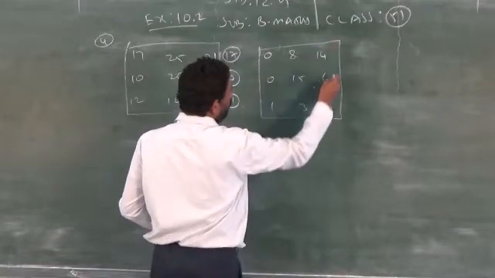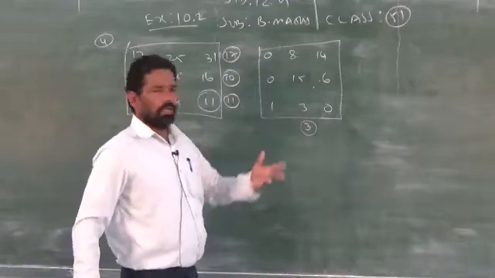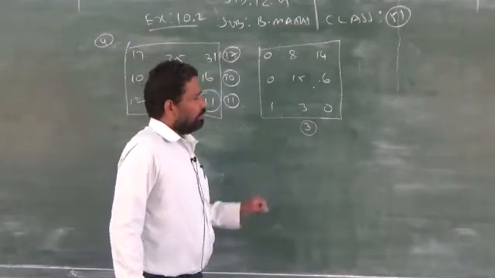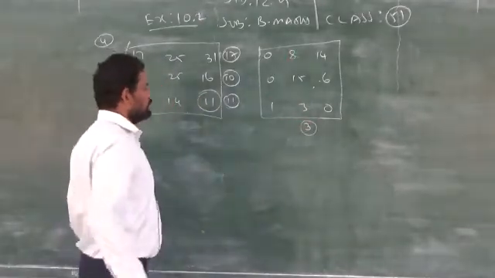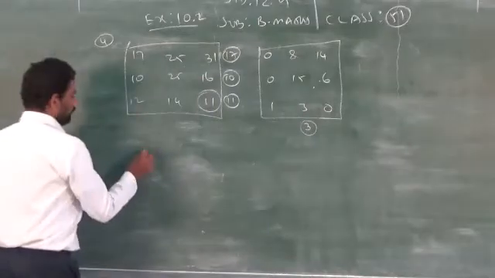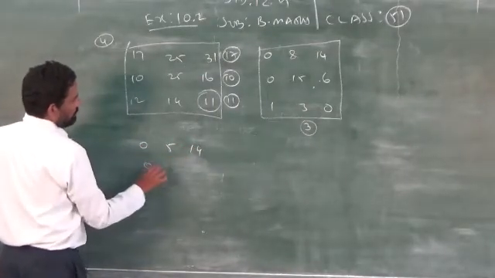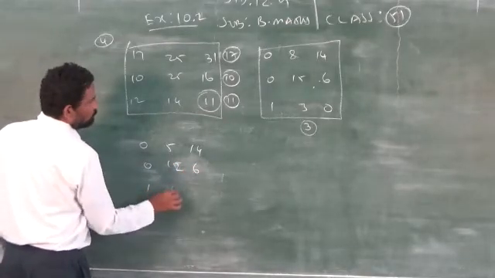The last column has 0, so no need to disturb. In the second column only I don't have a 0, so I have to make zeros in the second column, for which I have to take the least cost among these 3 values, that is 3, subtract, you will get the next one: 8, 5, 14, 0, that is 12, 6, 1, 0, 0.